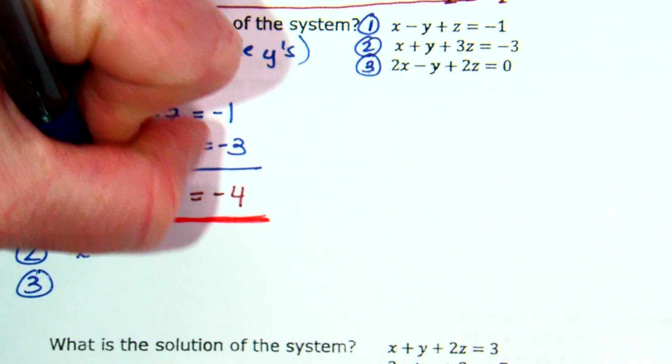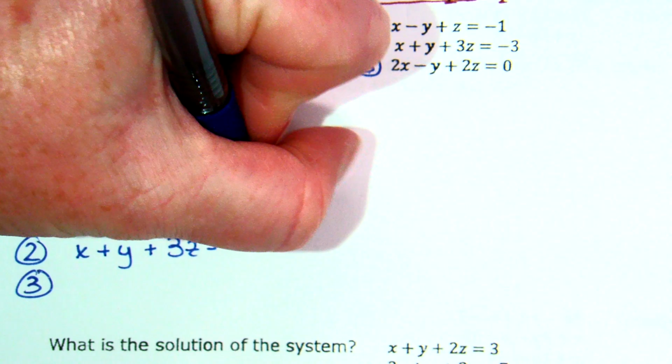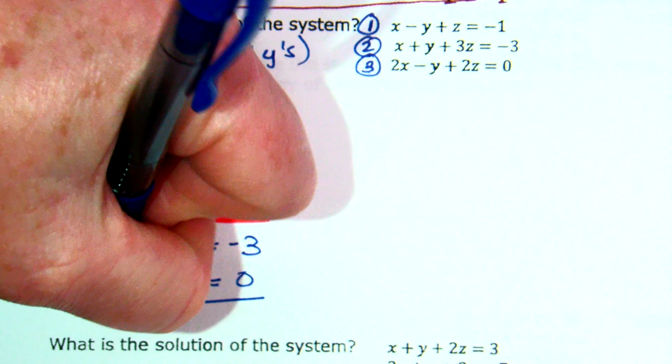So let's write out 2 and 3. 2 is x plus y plus 3z equals negative 3. 3 is 2x minus y plus 2z equals 0.